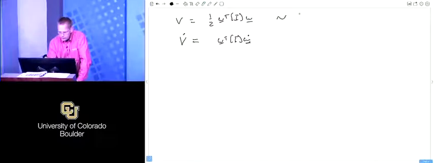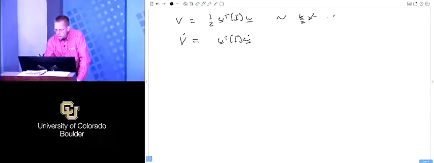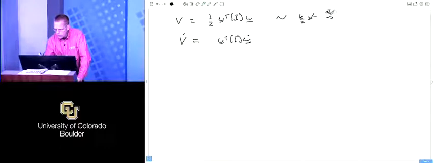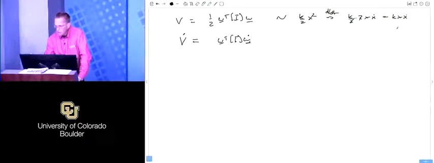So this looks a lot like some constant k over 2 times x squared, if you do classic calculus. And what's the derivative of this? X varies with time. If I take the differential operator, you would have k over 2 times 2 x x dot. The 2's cancel, and you have simply k x x dot, right?